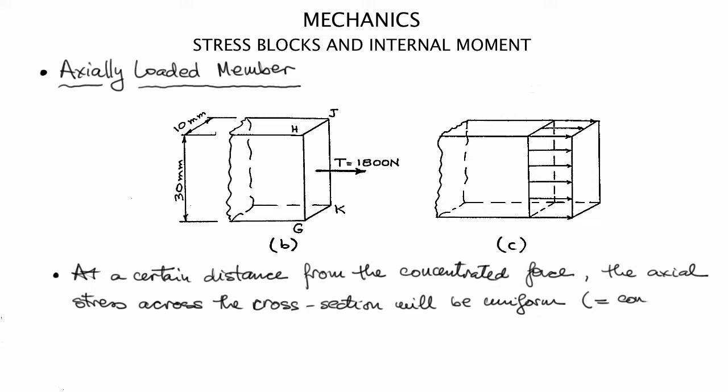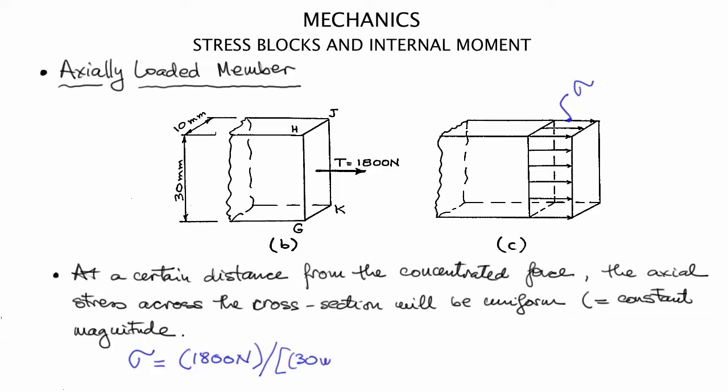the force will distribute across the area, and it will create a stress, an axial stress, which in this case will be a stress having a constant intensity, constant magnitude.